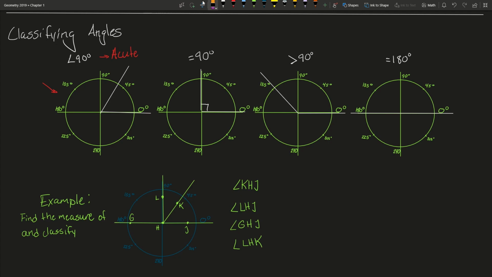Angles can be equal to 90 degrees, which are called right angles, and are always denoted with the little box. Angles can also be greater than 90 degrees, which are called obtuse angles. And angles can be equal to 180 degrees, which are called straight angles.